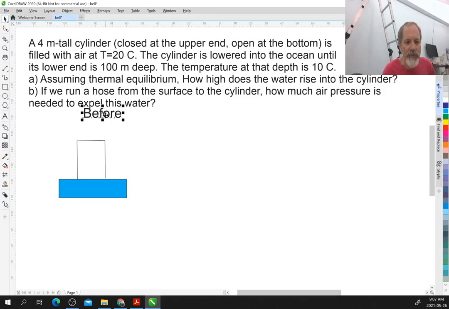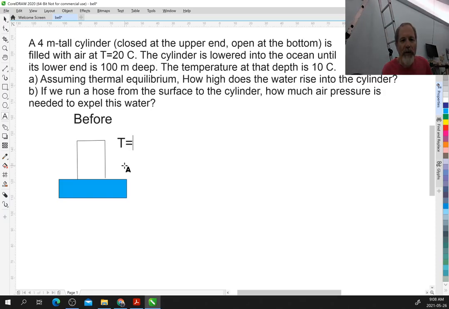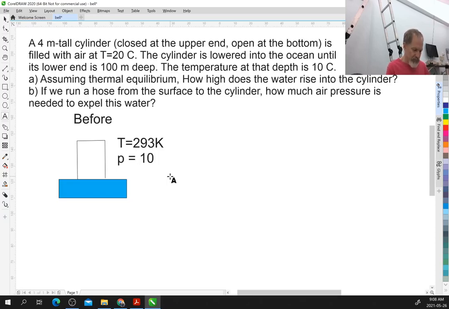And what information do I know about before? I've got the temperature equals 293 K. The pressure equals 100 kilopascals, right?